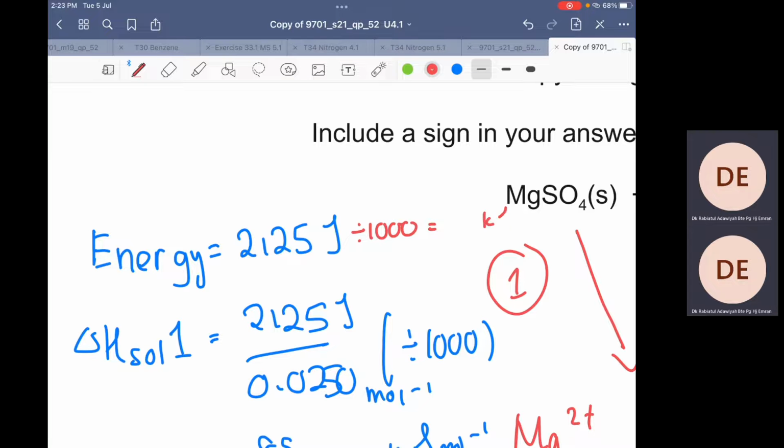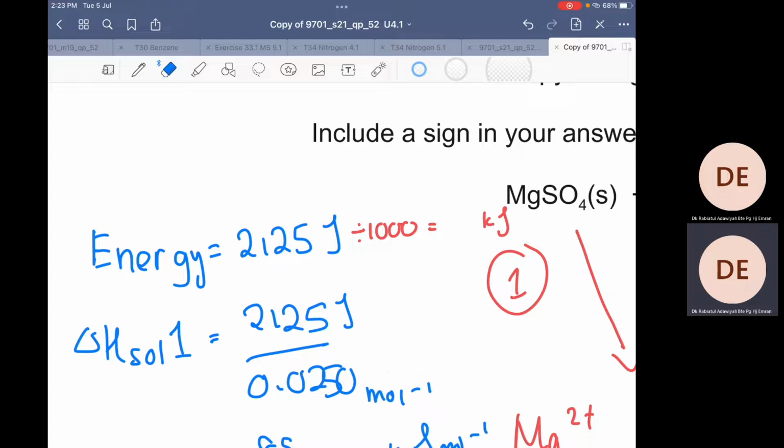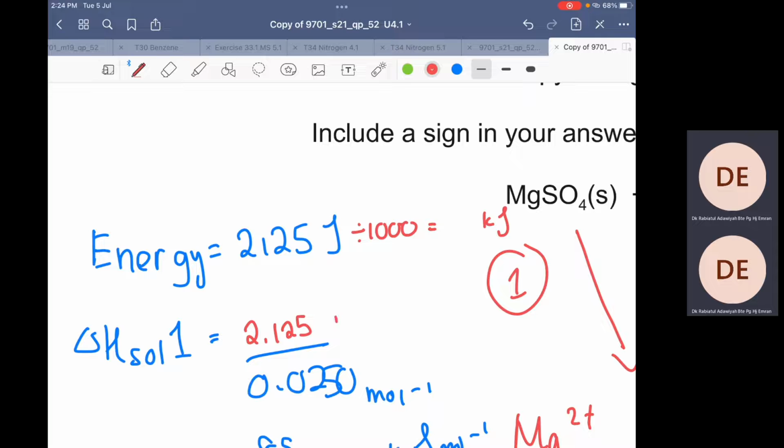That gives you the answer in kilojoules, okay? So this one, enthalpy change in kilojoules per mole is literally energy divided by the number of moles. Do you know the number of moles? Is it given? It's given in the question, right? 2.125 kilojoules divided by 0.0250 mole.